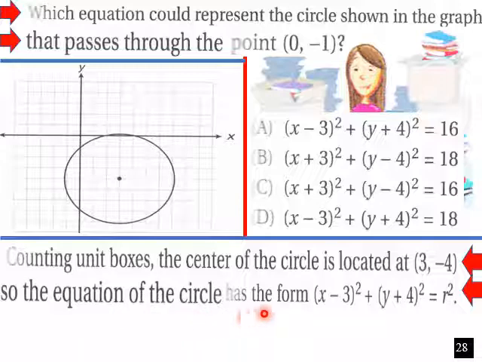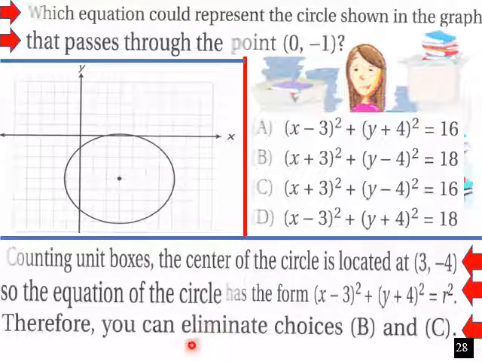So the equation of the circle has the form (x minus 3) squared plus (y plus 4) squared equals r squared. So what's our radius in this situation? Therefore, you can eliminate B and C. We can throw these out.